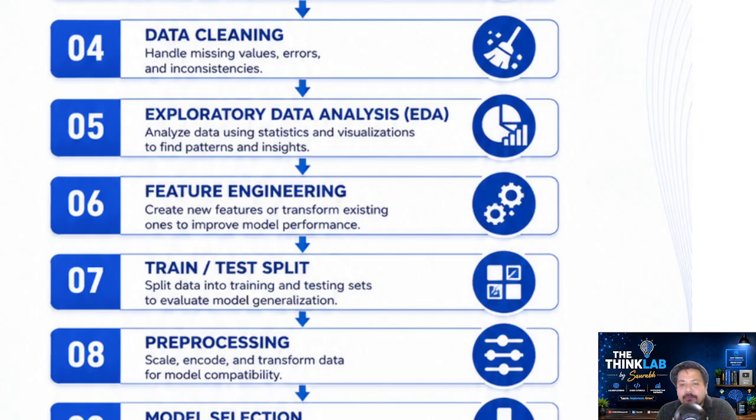After that we are moving to step 6, feature engineering. Suppose our data set contains the year built and the current year. Instead of using these two values independently, we might create a house age. House age equals the current year minus the year built.